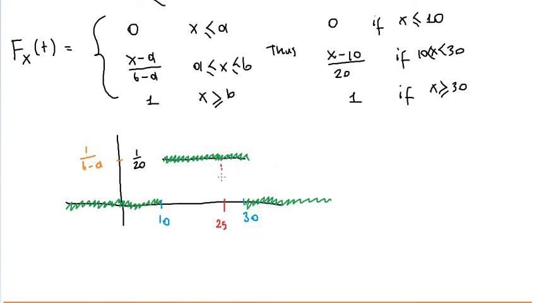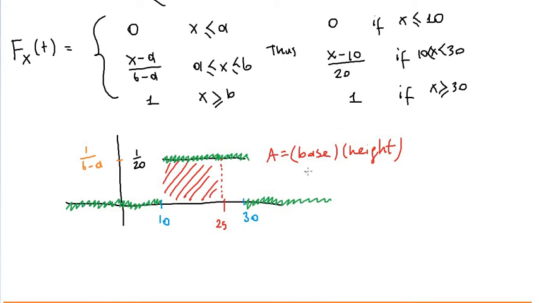So that means we are going to calculate the area under this rectangle. The area of the rectangle is base times height. The base is 25 minus 10, which is 15, and the height is 1 over b minus a, which is 1 over 20.